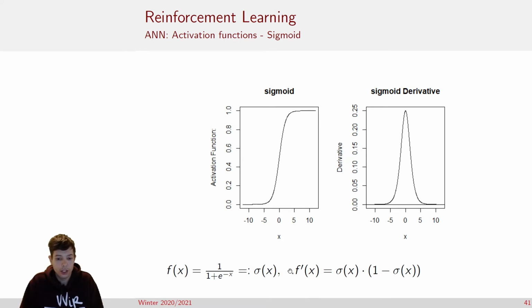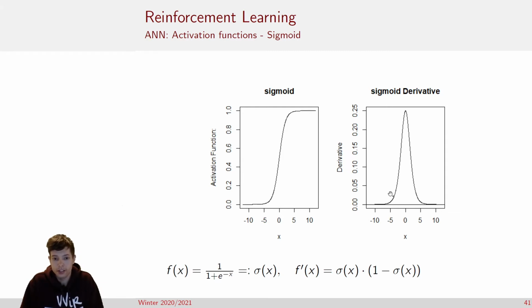What's also interesting, because we'll see in the second half of today that we are learning using the gradient and the derivatives, is that the derivative of a sigmoid can be computed very conveniently just as the sigmoid times 1 minus the sigmoid. That's the derivative of this function. If you apply the derivative rules on this here, then you will see that directly.